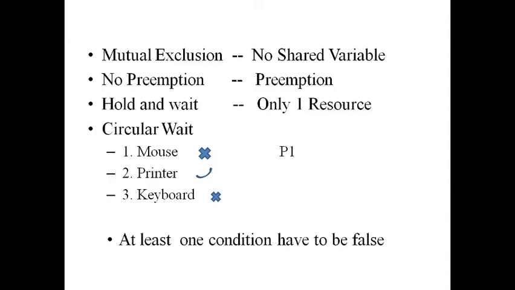Printer is the second resource. If P1 requests the second resource printer and it is allotted to the P1 process. Okay. After taking the printer, if P1 again wants to take another resource, then P1 can take the mouse.